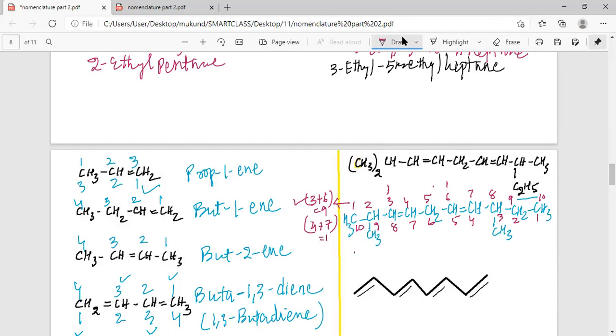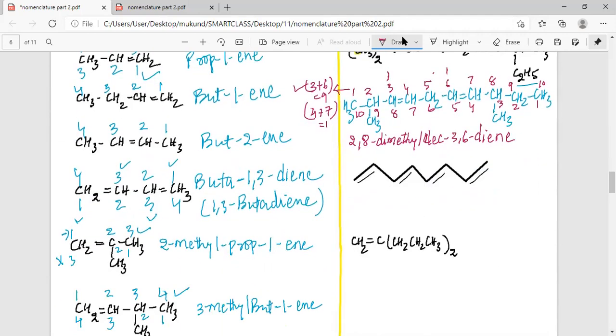So we can write it as 2,8-dimethyl, then dec-3,6-diyne. This is how we can write the name: 2,8-dimethyldeca-3,6-diyne, because 10 carbons, dec, 3,6 diyne.